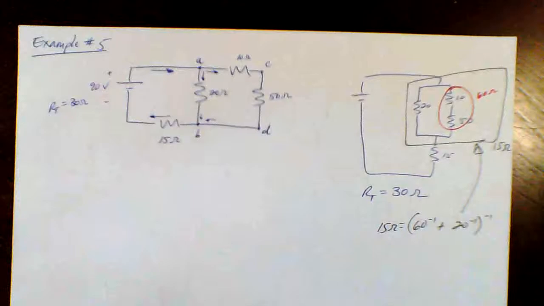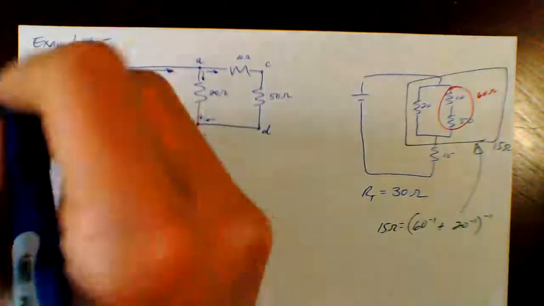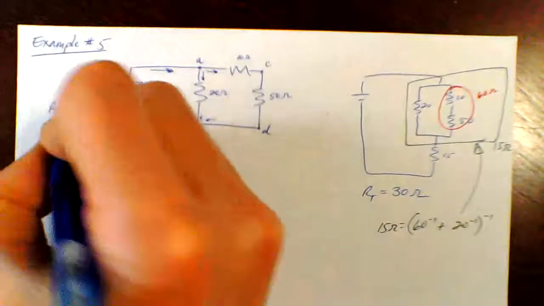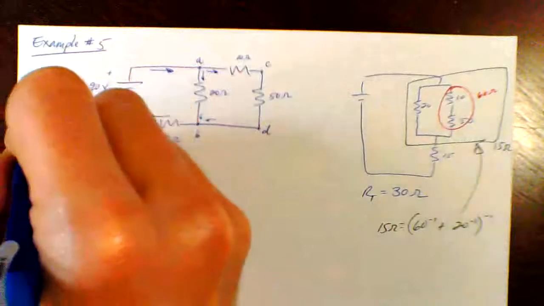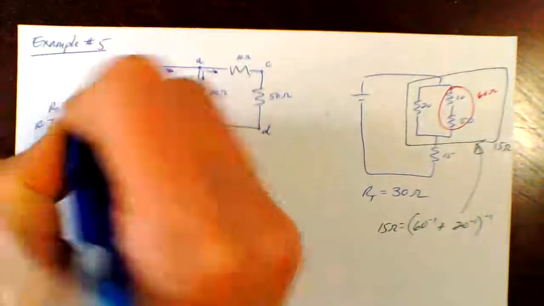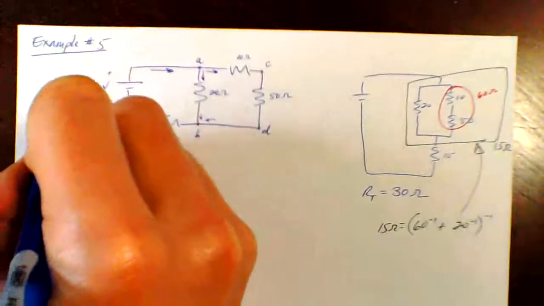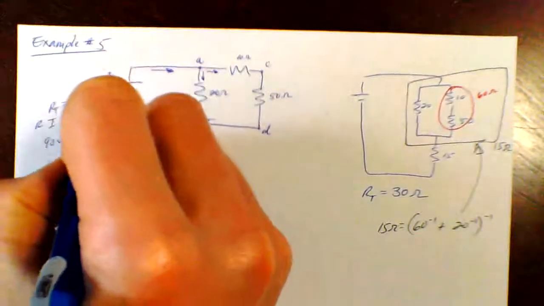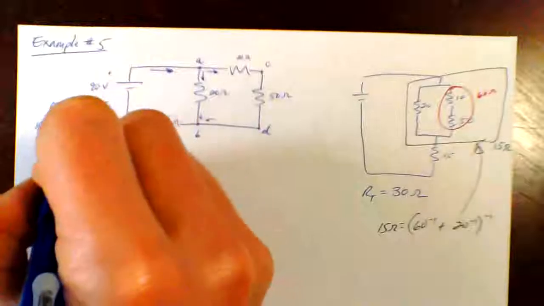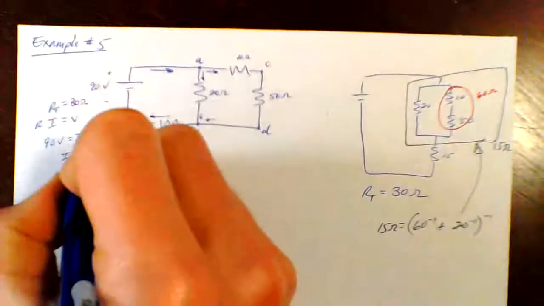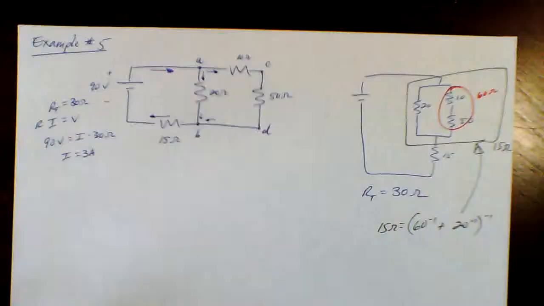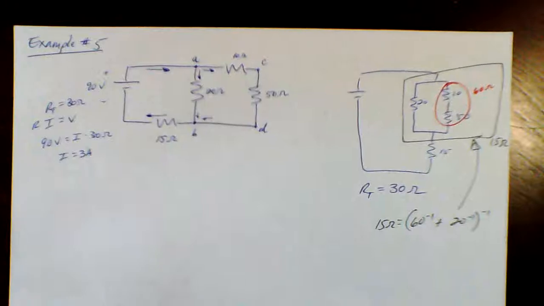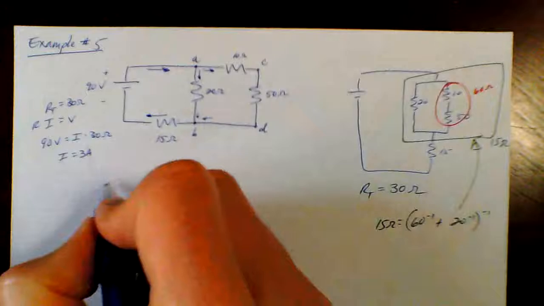So if I want to know the current coming out of the battery, I times R is equal to V, so 90 volts equals I times 30 ohms, which means my current coming out of the battery is 3 amps. Now we want to know the power dissipated in the circuit.